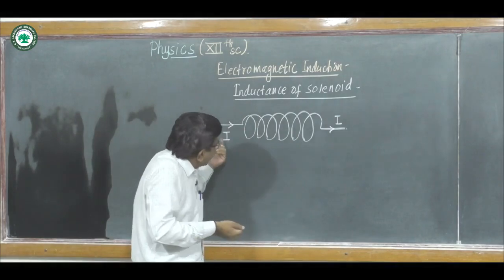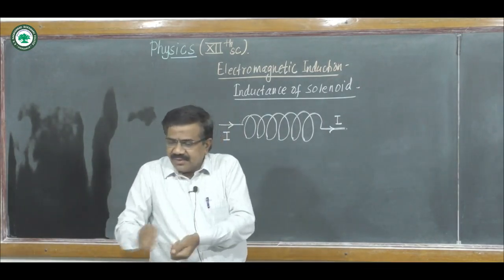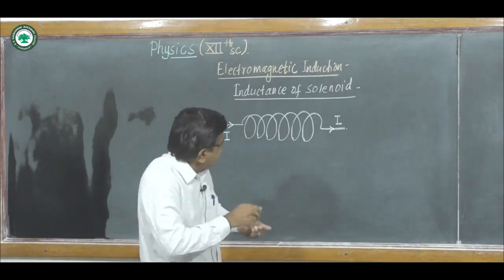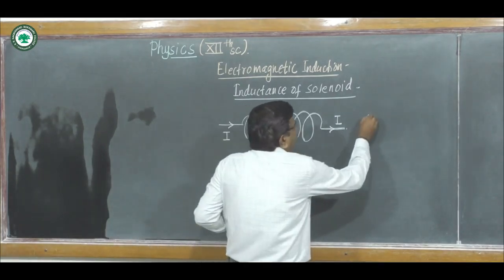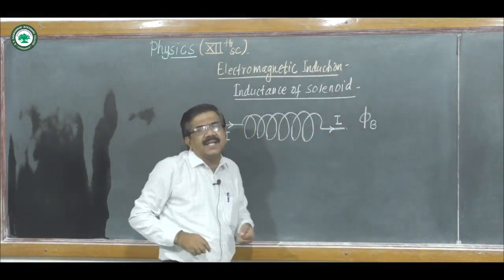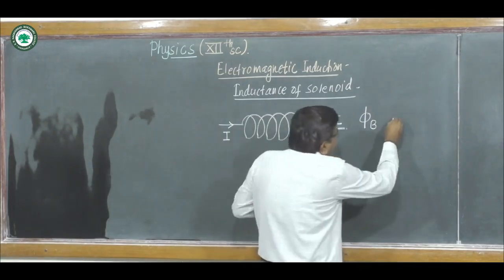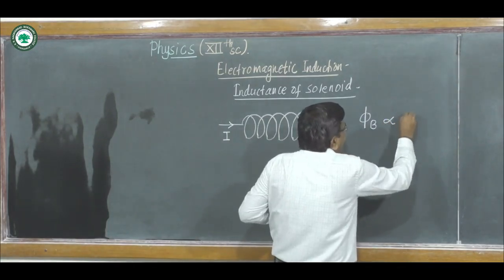When current is passed through this coil, or this winding of the solenoid, it produces magnetic flux phi B in its central region, and this magnetic flux phi B is directly proportional to the current I, we know.